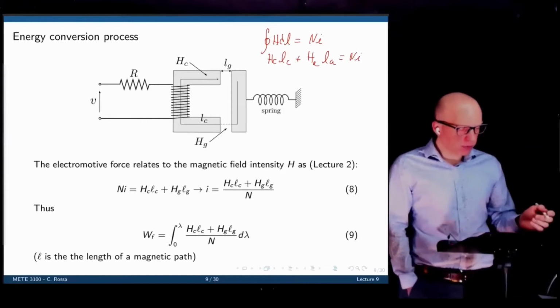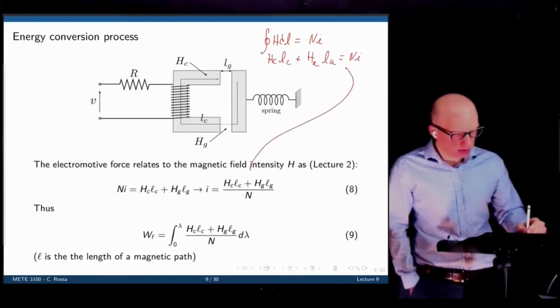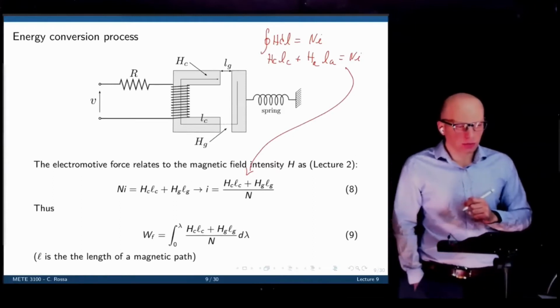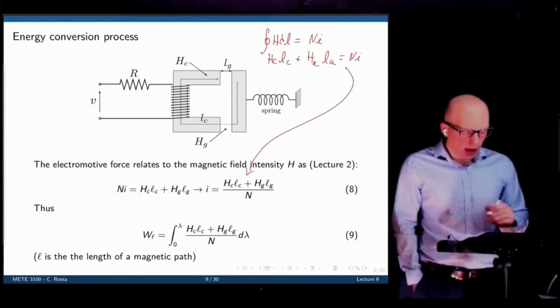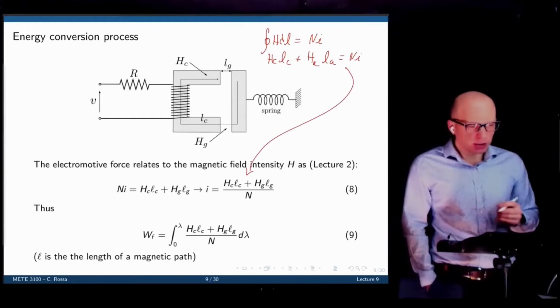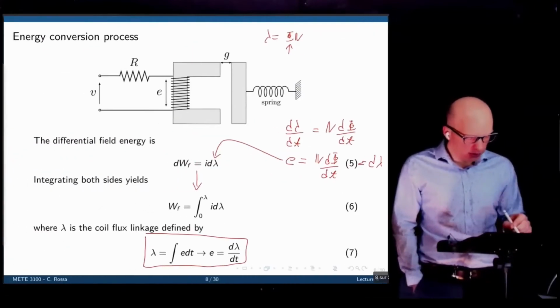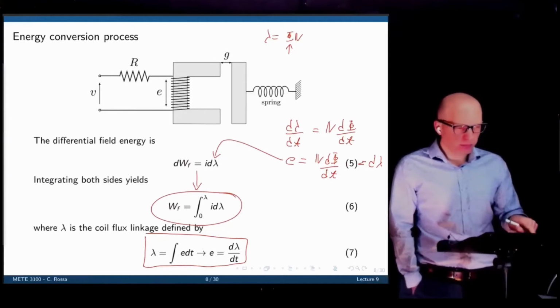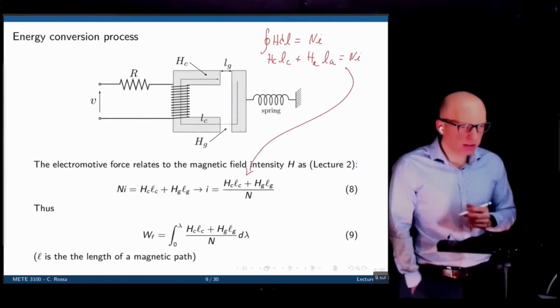So from this, we can obtain an expression for the current. Here it is. Nothing new here once again. Now we take this expression for the current and replace it into the equation for the field energy here. And this is what you get in equation 9.